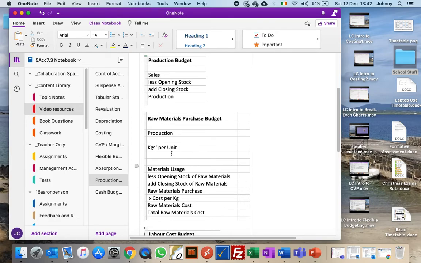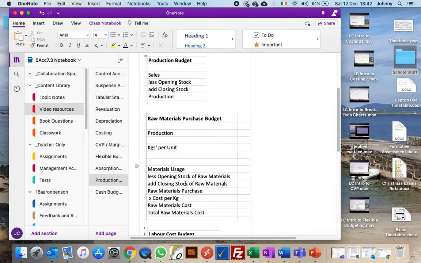So that will give us the amount of kilos that we're going to need to use, okay, so the amount of materials we're going to use. We already have some raw materials left over from last year, so that's our opening stock. We don't need to go and buy those because I'm trying to work out how much I need to spend, okay? But I don't need to go and buy my opening stock because I already have them, but I will need to buy the extra for closing stock to have left over at the end.